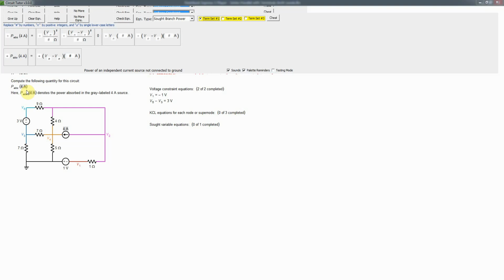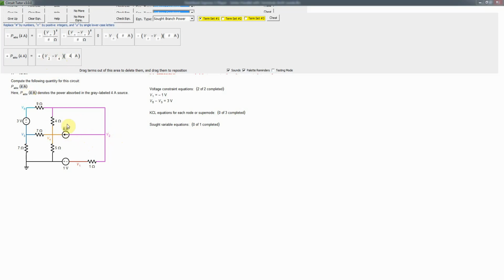Okay, so I want the power absorbed by that, and therefore I want to use the passive sign convention with respect to the direction of that. So it would be V2 minus V4 times the 4 amps. And so basically this voltage is such that the current flows into the plus side of that voltage, meaning a passive sign convention.